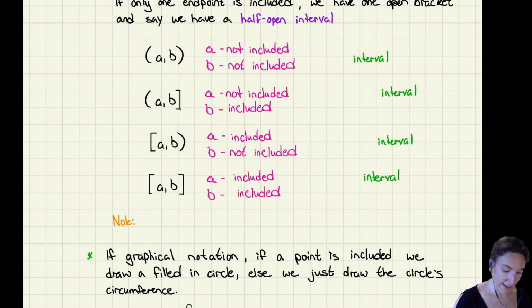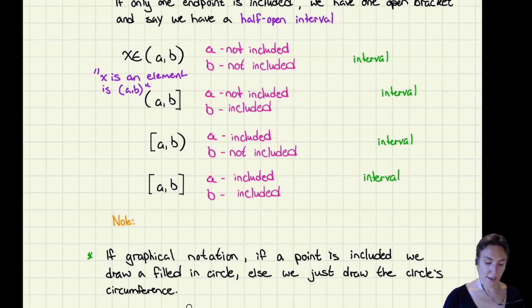If we say that x, this notation here means x is an element in the interval AB. So if x is in here, A and B are not included in this situation, and this type of interval is an open interval.